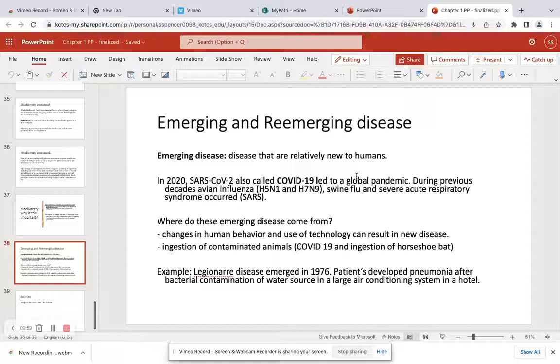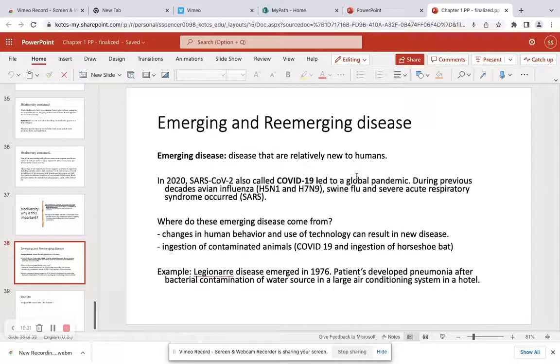It could be exposure to contaminated animals. I know that with COVID-19, it was thought that it was due to ingestion of a horseshoe bat in China. And then an example of technology resulting in development of a disease, the book gives an example: Legionnaire's disease. It emerged in 1976. This was due to a bacteria. People developed pneumonia after bacterial contamination within a hotel.